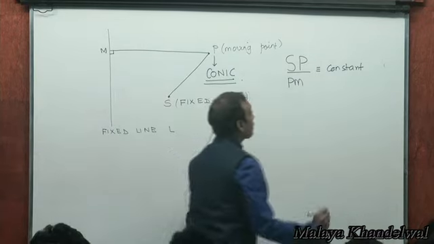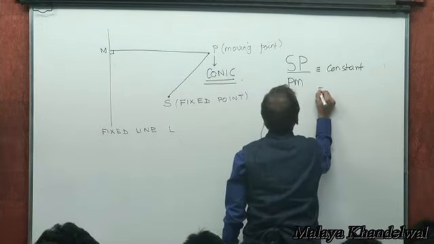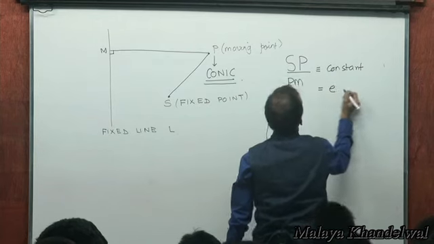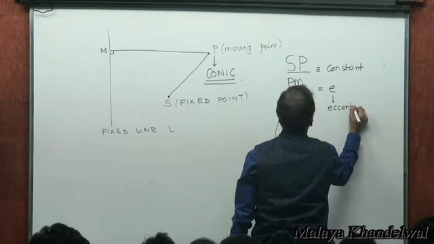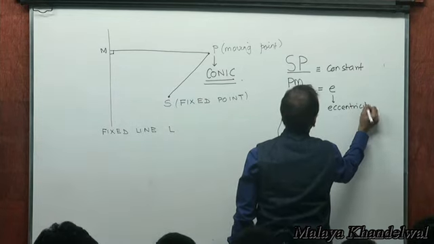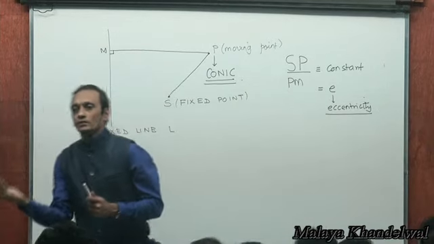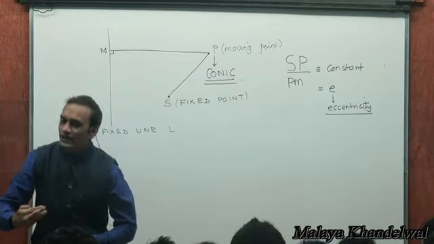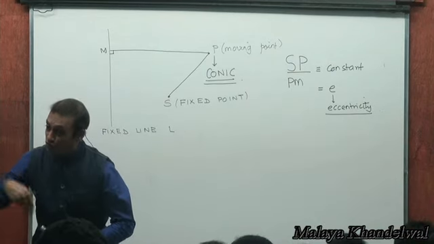This constant is commonly referred to as E, the eccentricity of the conic. It's a property of the conic. Different conics will subscribe to different values of E, the eccentricity. Eccentricity, therefore, is a fundamental property of the conic.